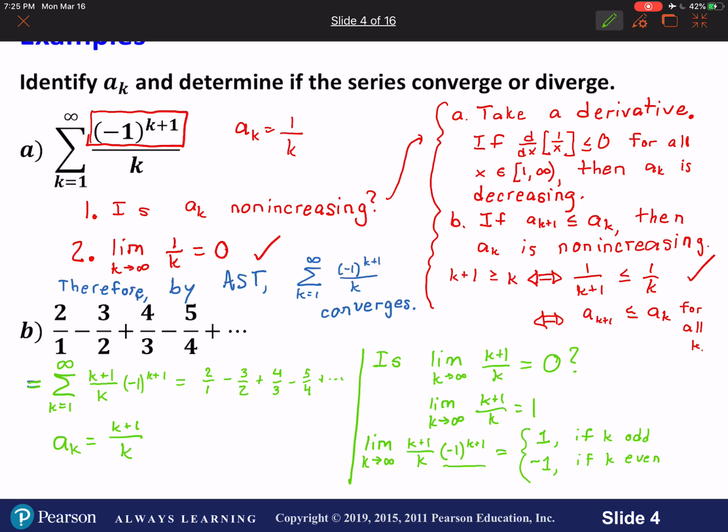So let me write that. So we'll say that this is not equal to 0.